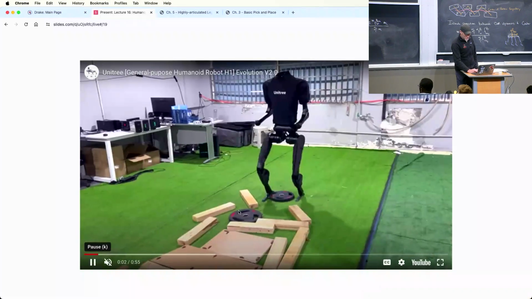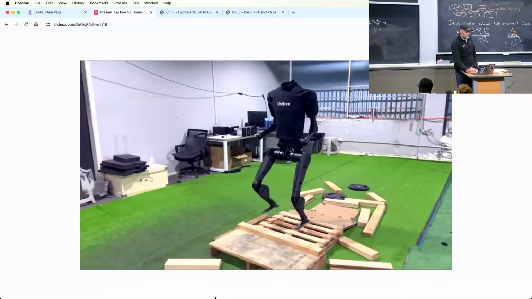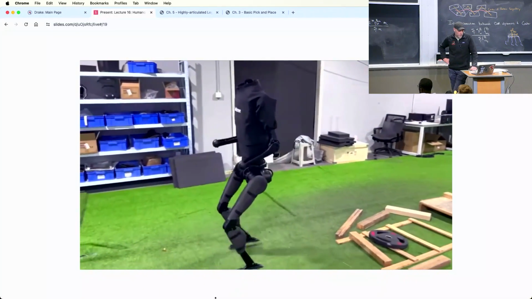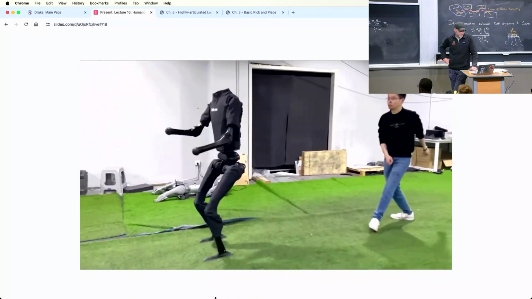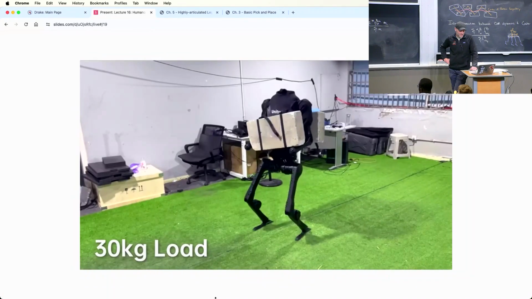Here's the exception, although it's still a fixed cadence. But this is now RL to do walking. This is Unitree.